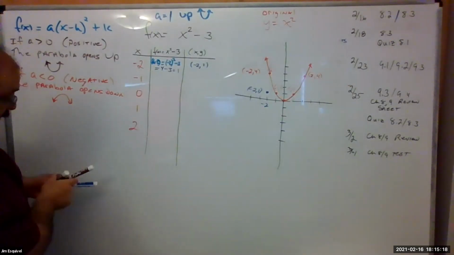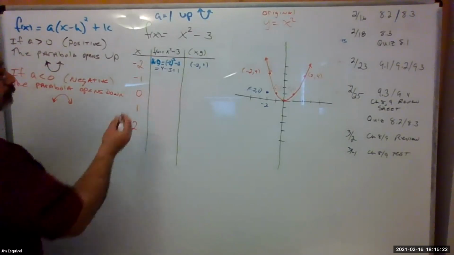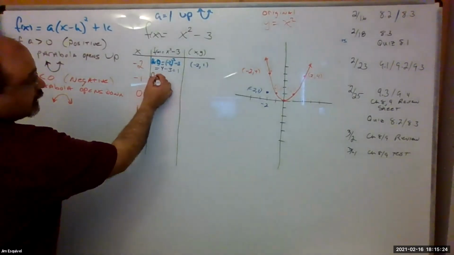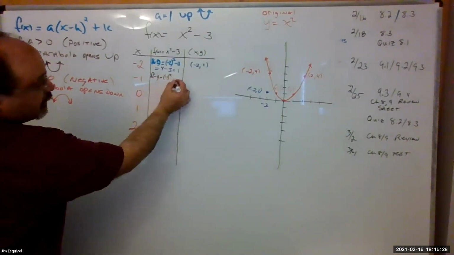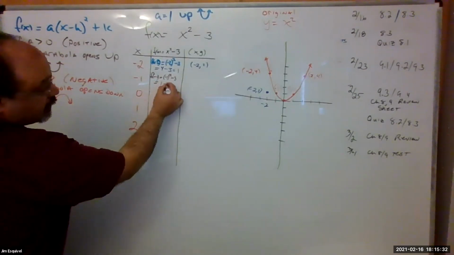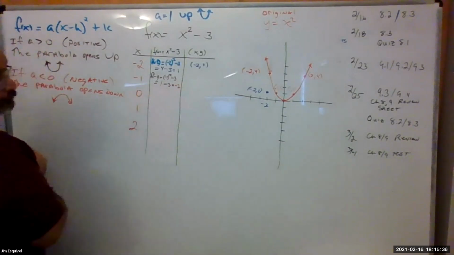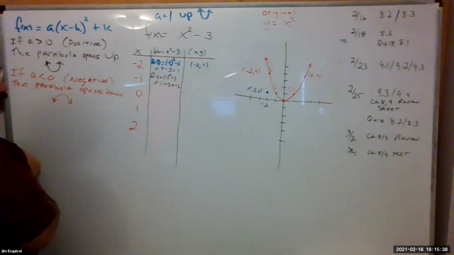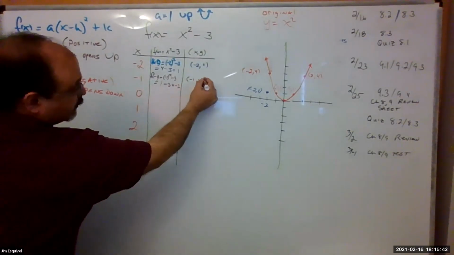Then we plug in -1. f(-1) is (-1)², and then you take away 3. So that's +1 minus 3, and that gives us -2.